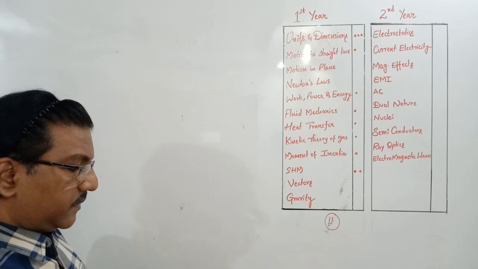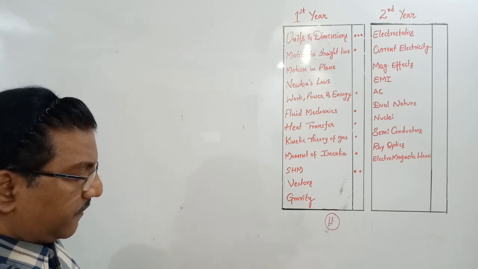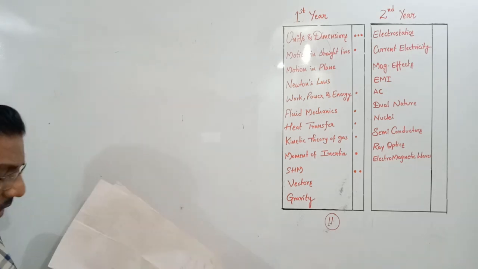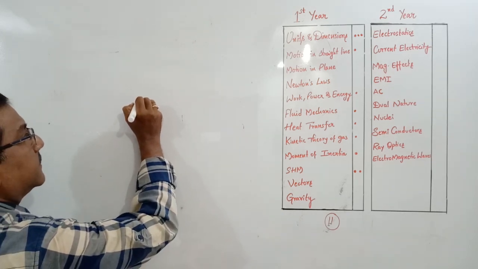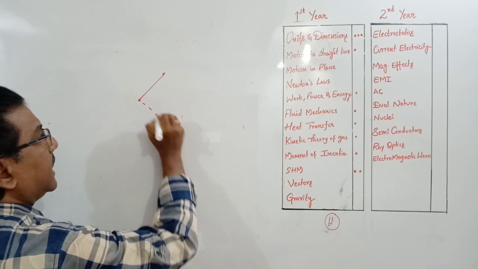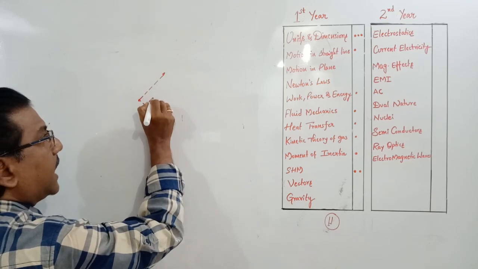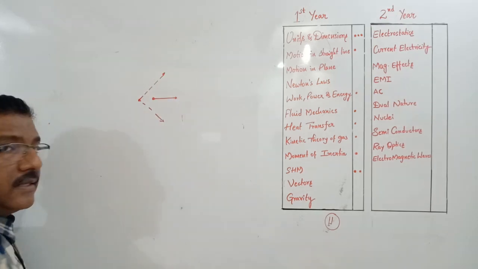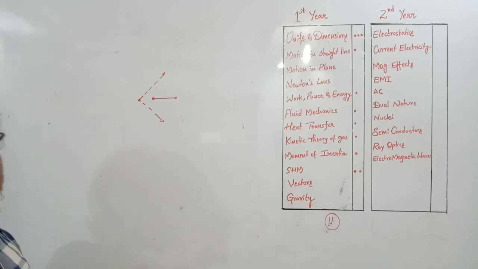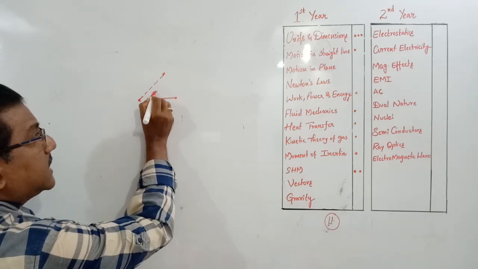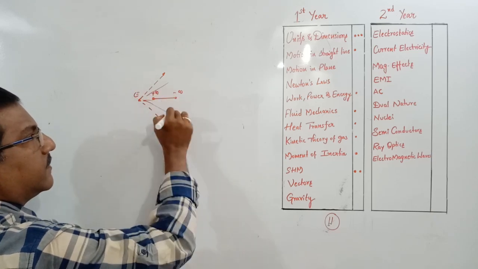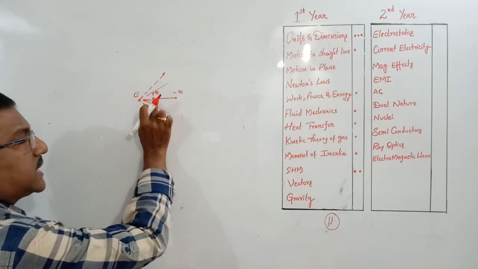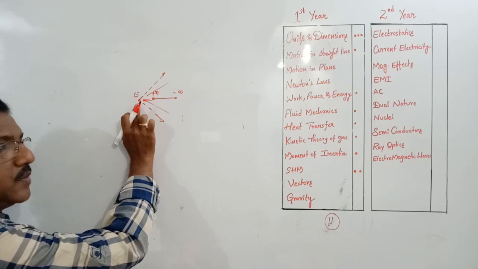The first question is concerned with electrostatics. E is given like this and like this. And here, a dipole is given, plus Q minus Q. This is E. This plus Q is very near to this, positive to negative.